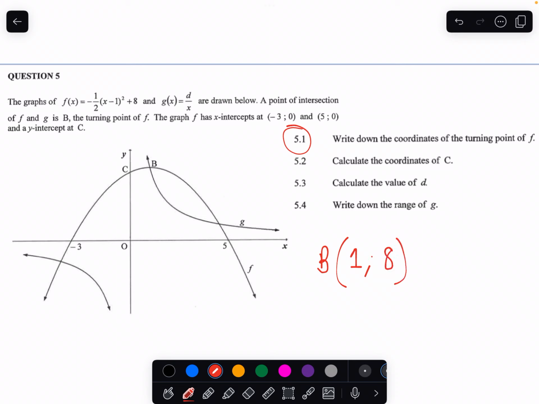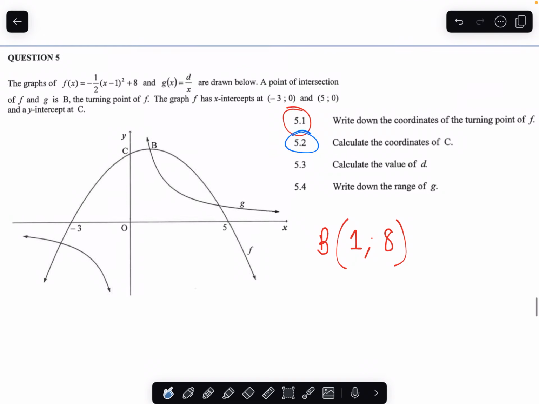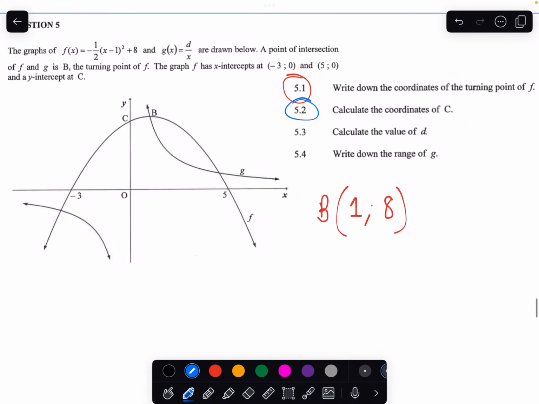Okay, then the next question says calculate the coordinates of C, the y-intercept of the parabola. So we calculate the y-intercept by figuring out, okay, what is the value of the function when x is 0?